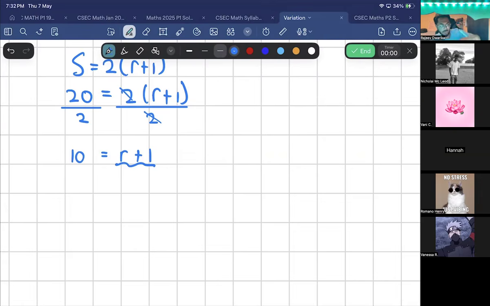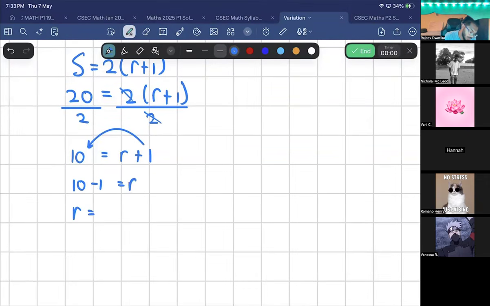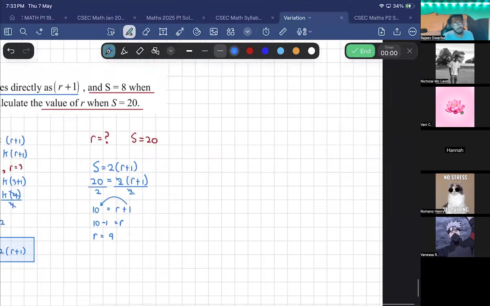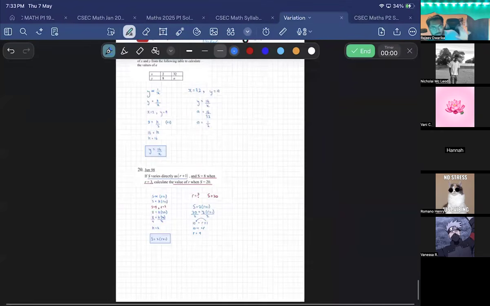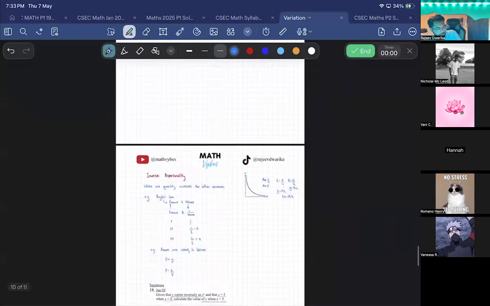I have R and I have plus 1. What should I do? Take away the 1. Yeah, I have to take away 1 on both sides. Or some people just move it across. So that's going to be 10 minus 1 is equal to R. So R is equal to what? 9. 9. Good.